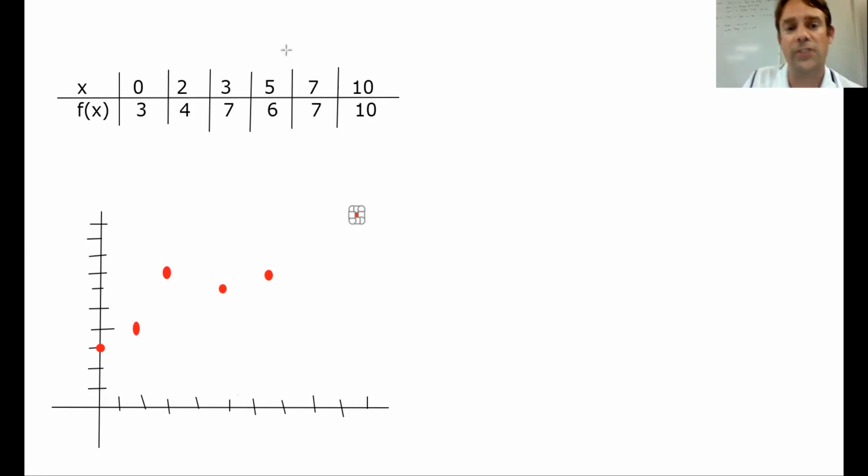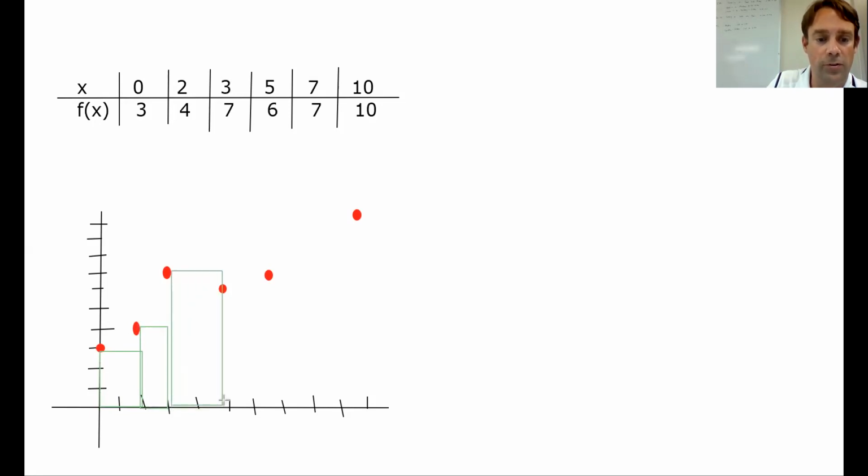So if I asked you to find the left sum, notice what's going on here. I'm asking you to essentially figure out what's this value, what is this value, and you'd be doing a whole bunch of areas.